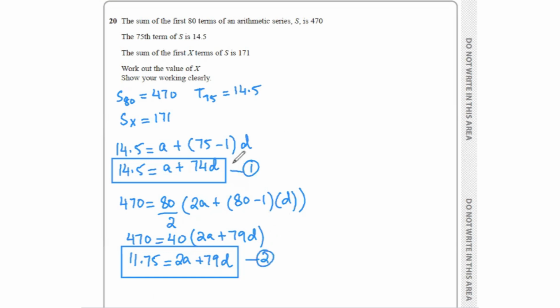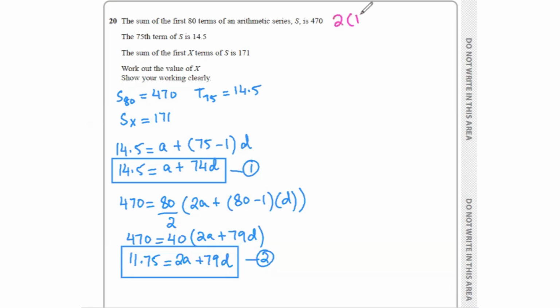Okay. Now that we have two equations in terms of A and D, we can solve these simultaneously to find what A and D are. So let's do that over here. I'm going to use the elimination method to find the values of A and D. And for that, I'm going to times the first equation by 2.